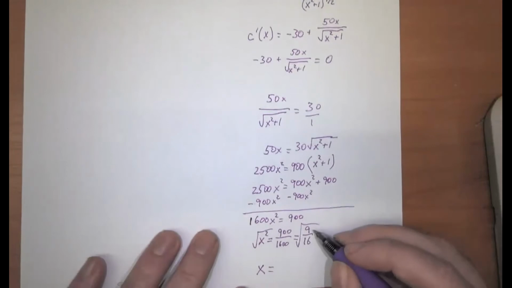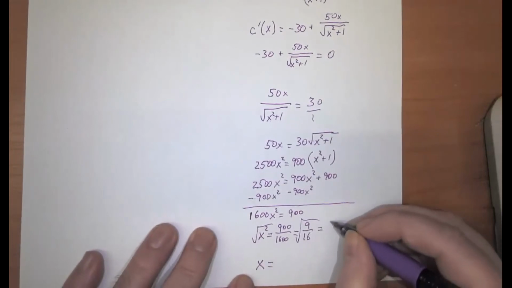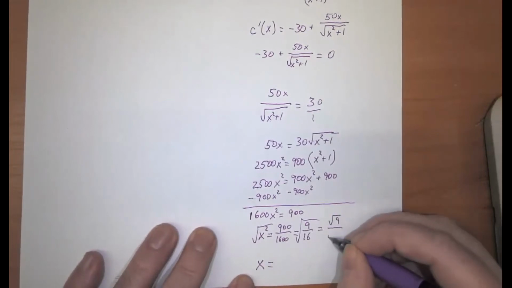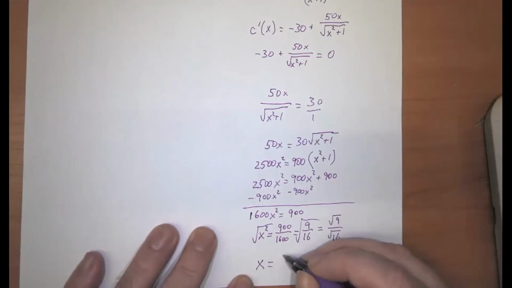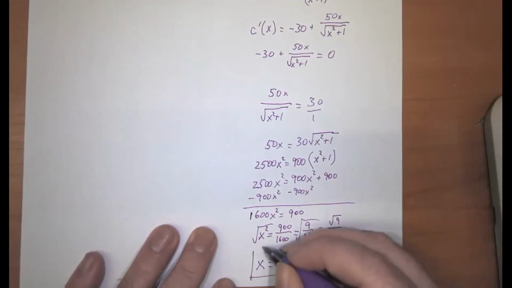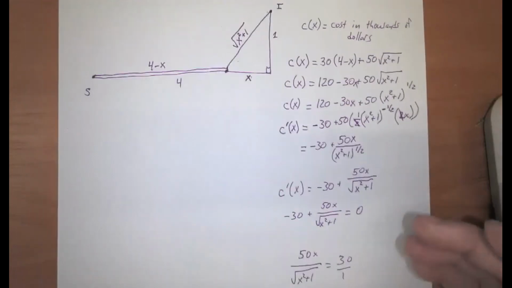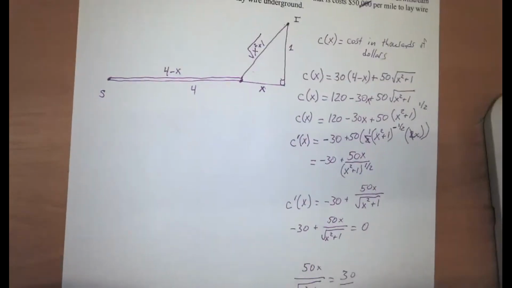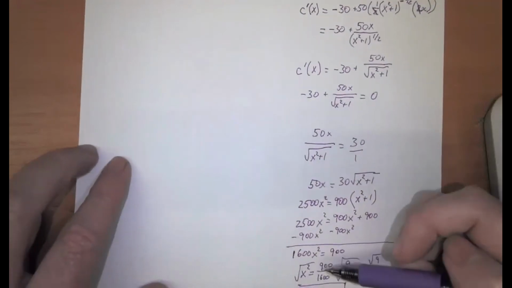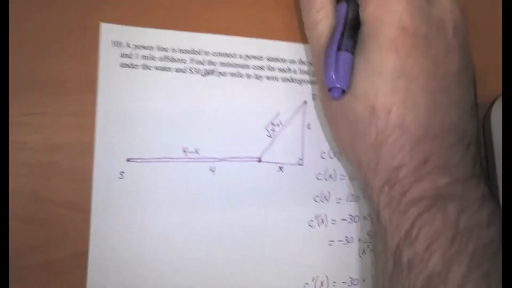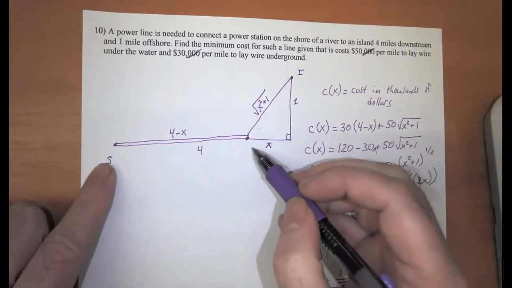So the square root of 9 over 16 is equal to the square root of 9 divided by the square root of 16, which is equal to 3 over 4. Phew. All right, so let's take this and go back to our situation here and see what we've got.